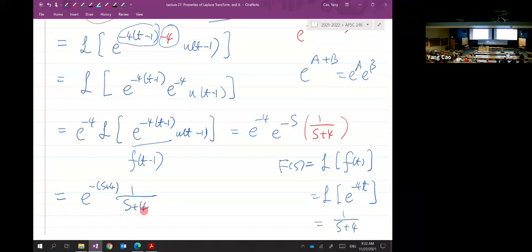Okay. Just a little bit of deeper extension, or understanding of this.